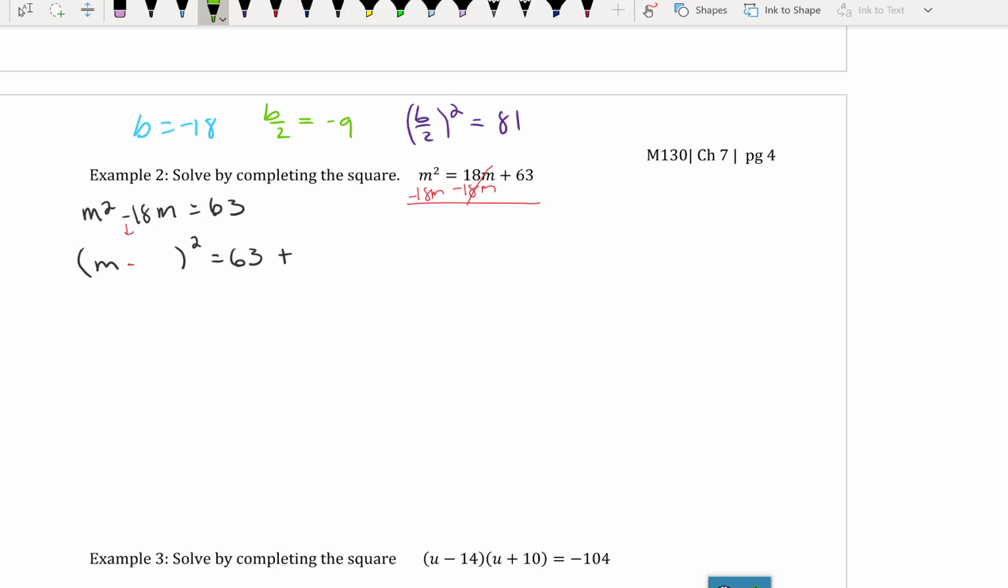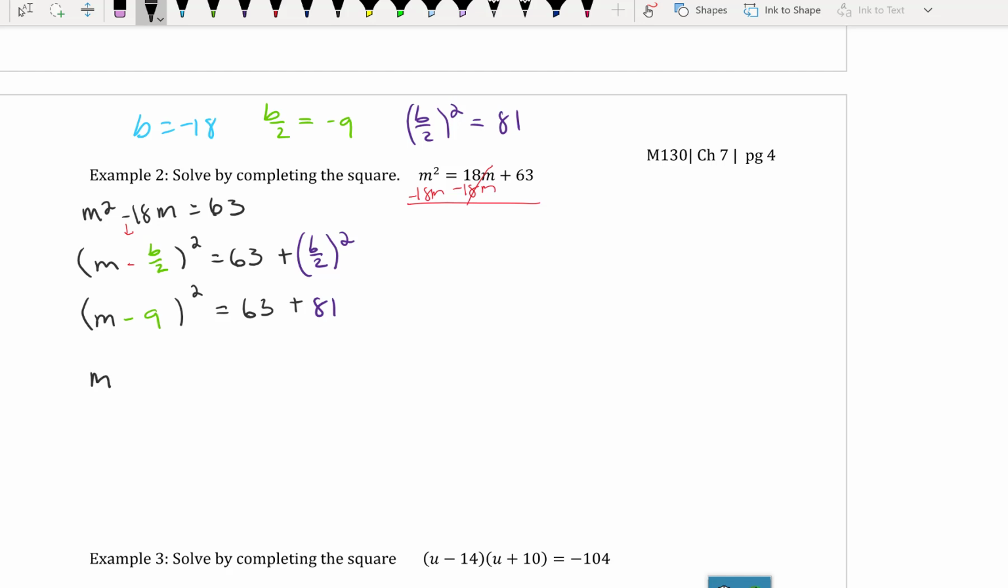And I have my b divided by 2 value, and over on this side, I have my b divided by 2 squared. So now I have m minus my 9, and I have my b divided by 2 squared, which is my 81.